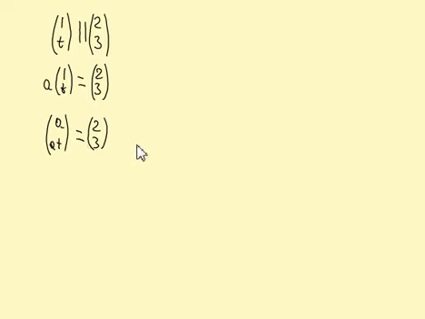And this here means that two vectors are equal when the respective components are equal. So a equals 2 and at equals 3. So here we have a system of simultaneous equations.